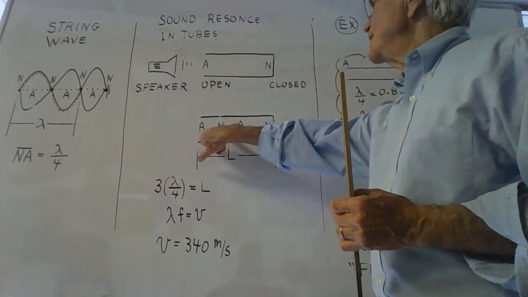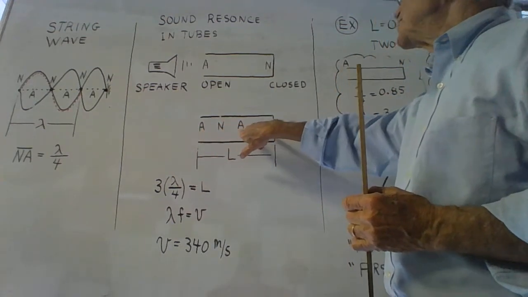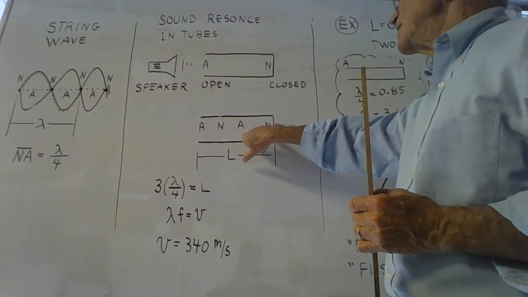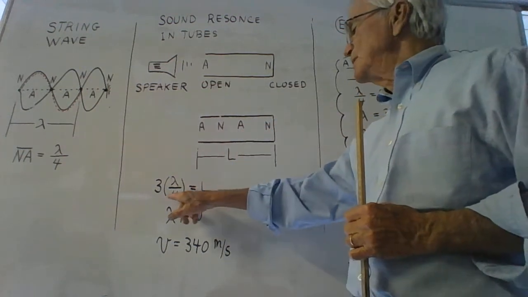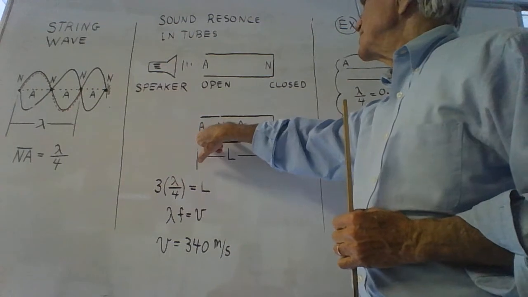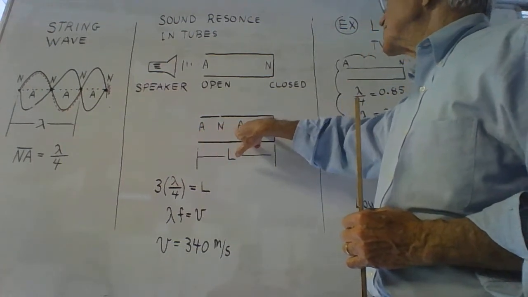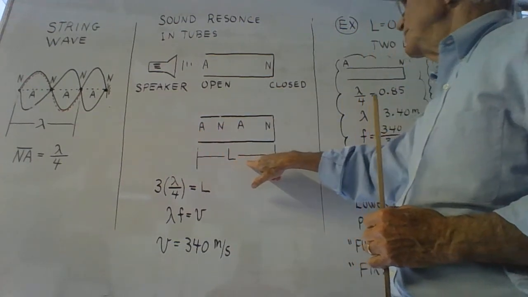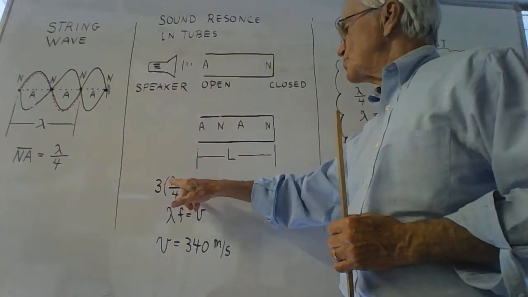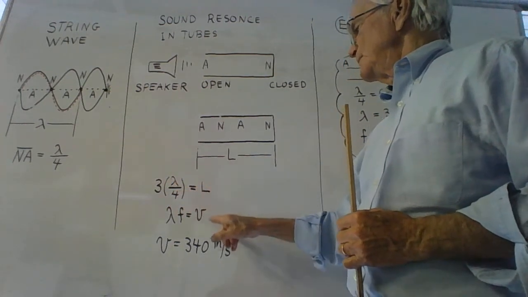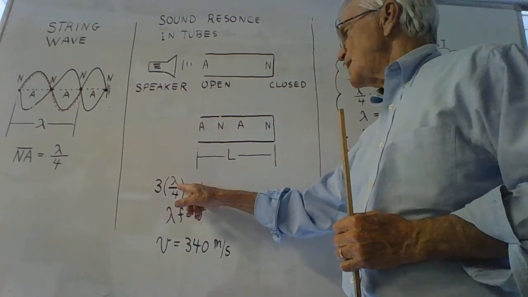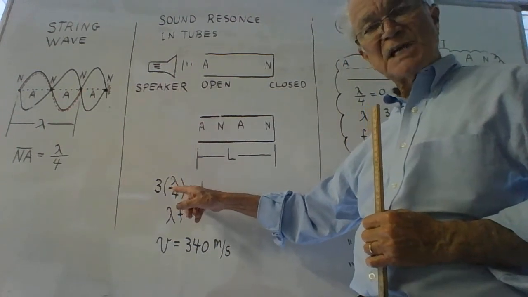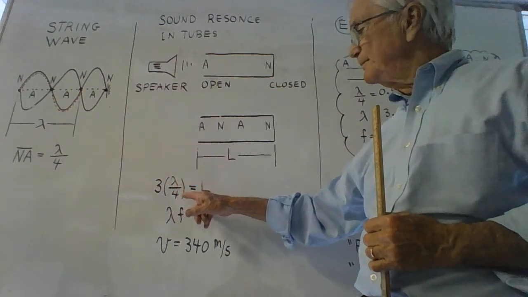We have 1, 2, 3 such distances, each being a quarter lambda in length. The sum of those 3 lengths is the length of the tube. So we have 3 times a quarter lambda equals L. We can solve this equation for lambda if we wish, but we'll save that calculation for later.